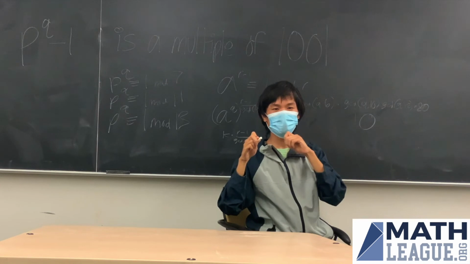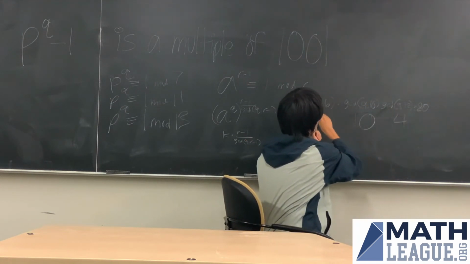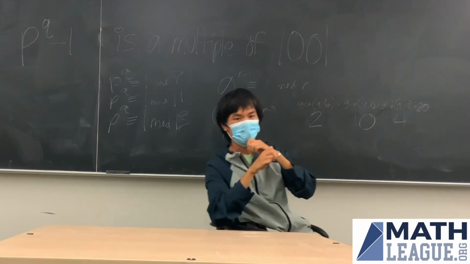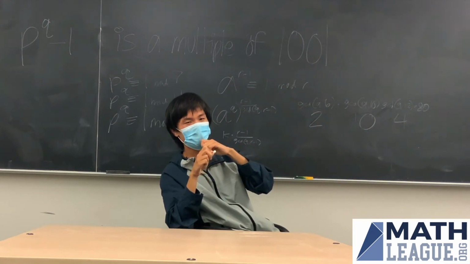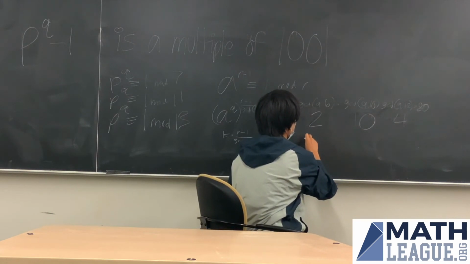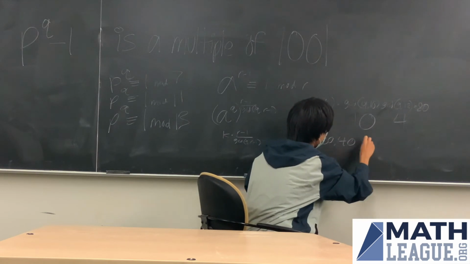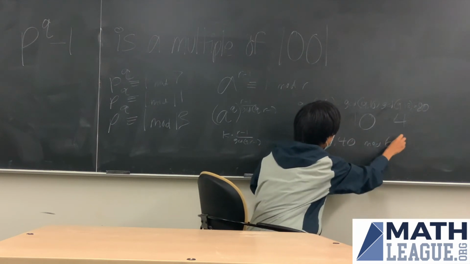And then eventually from there, we can find that this has to be 4, which makes this have to be a 2. And then from here on out, let's piece this all together. So this means that q is congruent to 20 or 40 mod 60.